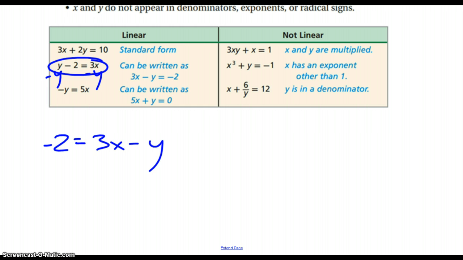It's very easy to point out and look at: do I have a nonlinear equation? Because if I have x times y going on, not linear. If I have a variable to a power other than 1, it's not going to be linear. If I have a variable in the denominator, not going to be linear. So that's how we can just look at an equation and decide that.